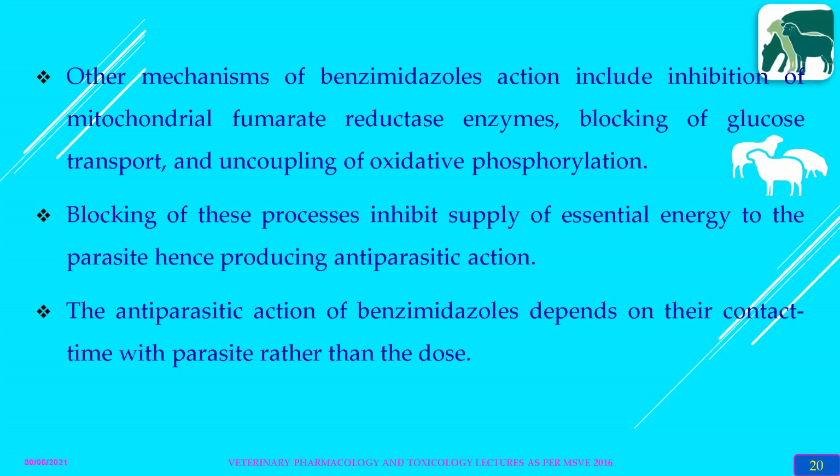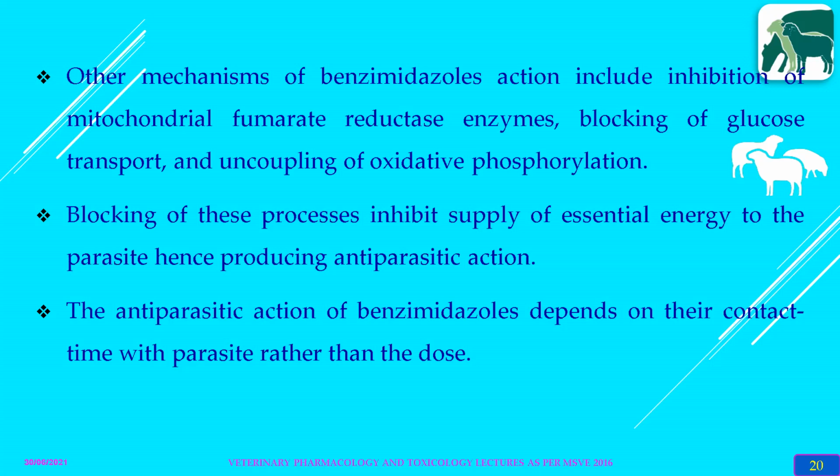The anti-parasitic action depends upon their contact time with the parasite rather than the dose. This means the duration of contact with an anthelmintic is more important than the concentration of the anthelmintic.